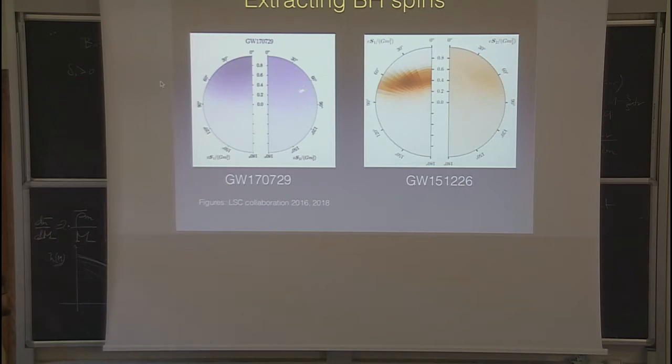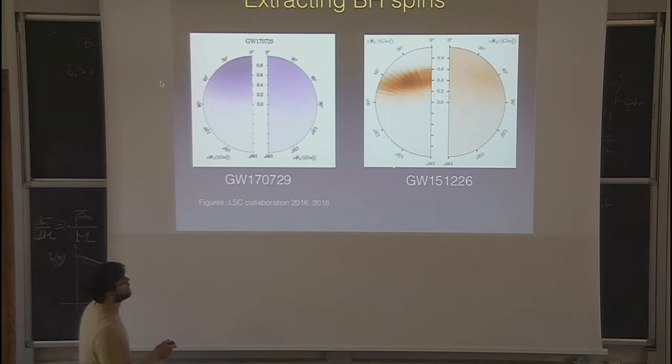So there are in fact two events for which we have marginal evidence for the spins. It's very difficult to measure spins with ground-based detectors because spins are a post-Newtonian effect that is important during the inspiral. So the detector is such that we don't have much signal-to-noise ratio in that region of the evolution. But there are still two events for which we have marginal evidence for the spin.